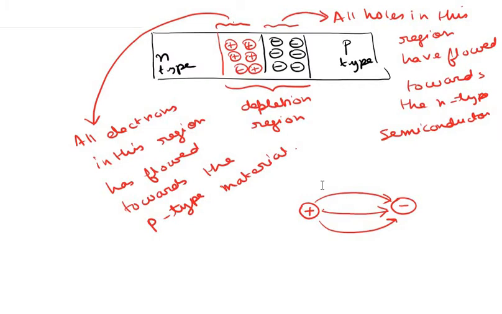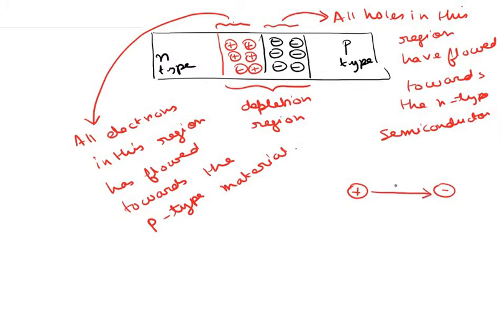So here also we have accumulated charges which are separated in space, and so an electric field must build up, and the direction of the electric field is from the positive to the negative charge. That is what the direction of the electric field is, as I just stated, that if I have a positive charge and a negative charge over here, the electric field would be in this direction.